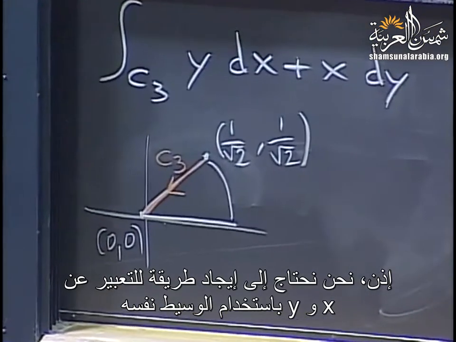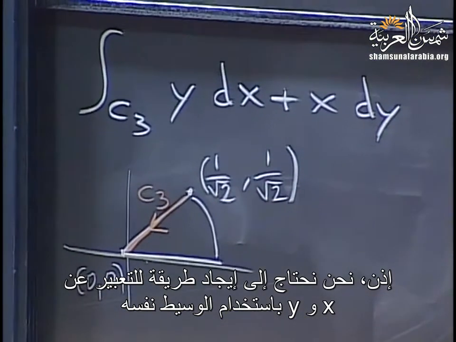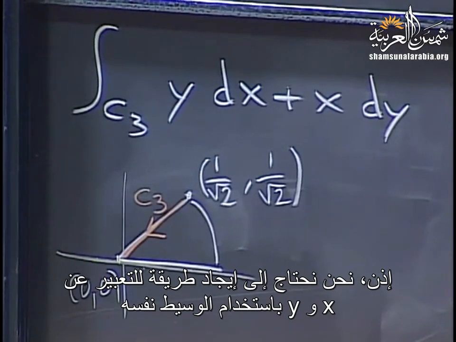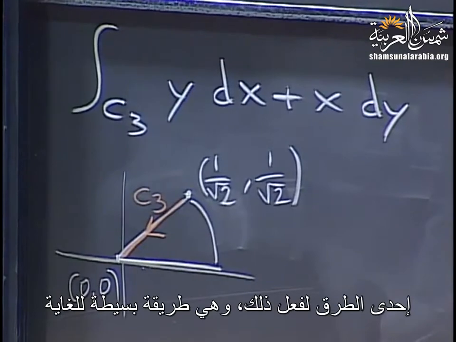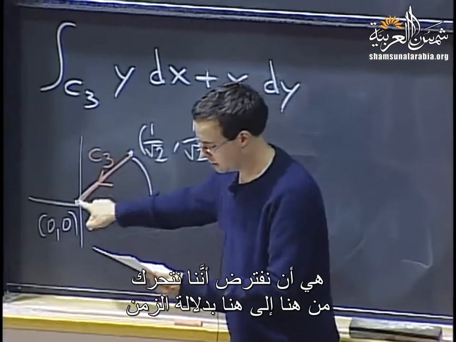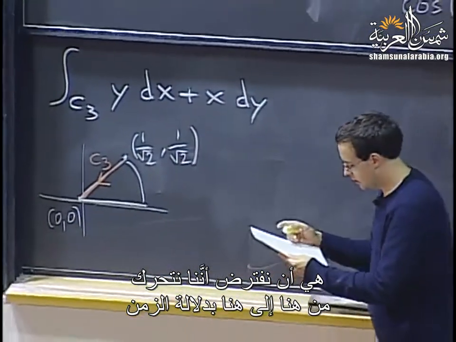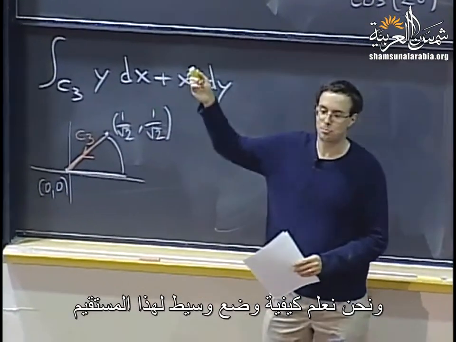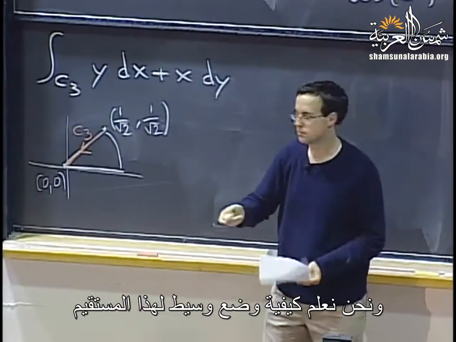So we need to figure out a way to express x and y in terms of the same parameter. One very natural way would be to say we move from here to here over time. At time 0 we're here, at time 1 we're here. We know how to parameterize this line.